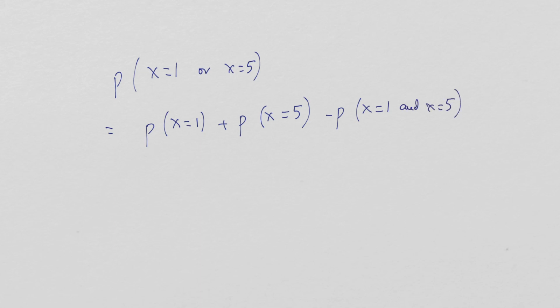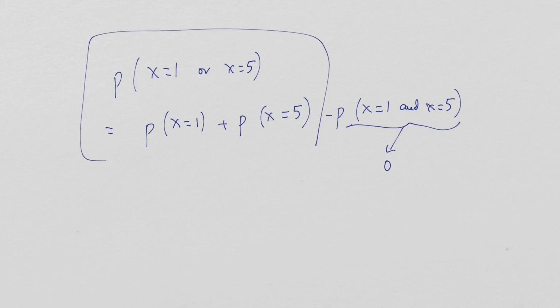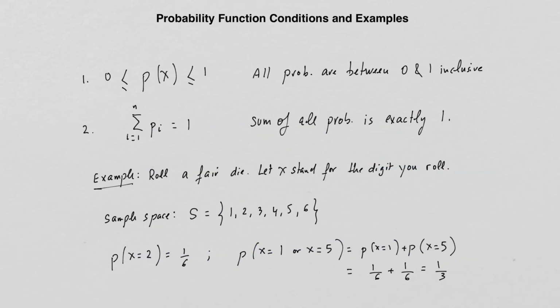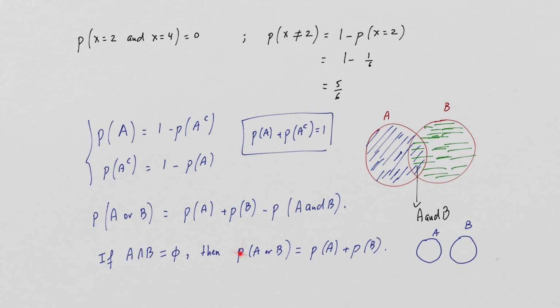Now, clearly, as we did before, this is 0. You cannot get 1 and 5 at the same time when you roll a die once. And hence, you only get this, which is what I wrote here, which is this shortcut. If there is no intersection, P of A or B is just the sum of these two.